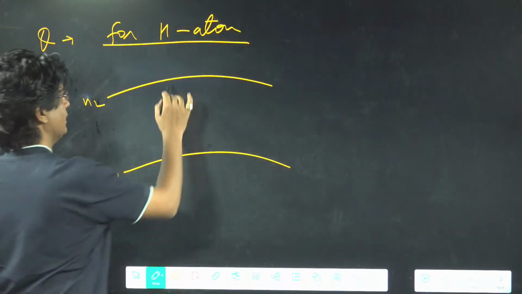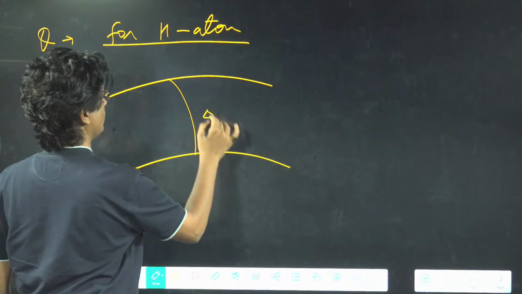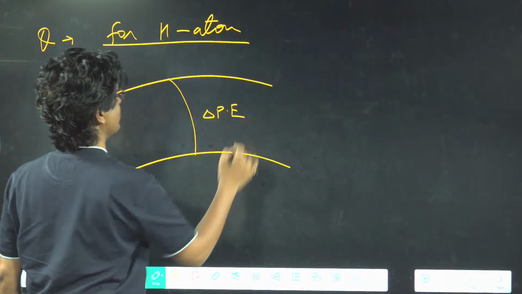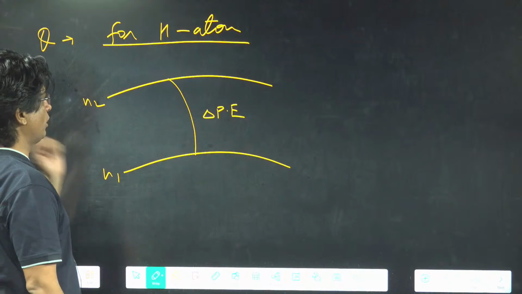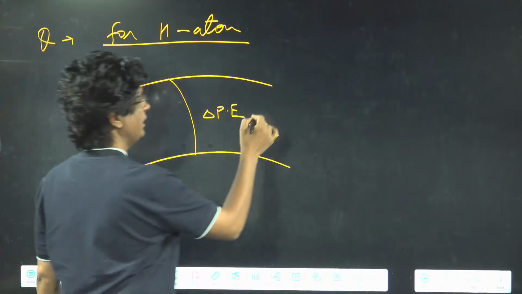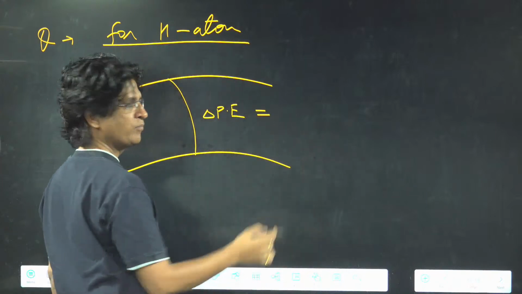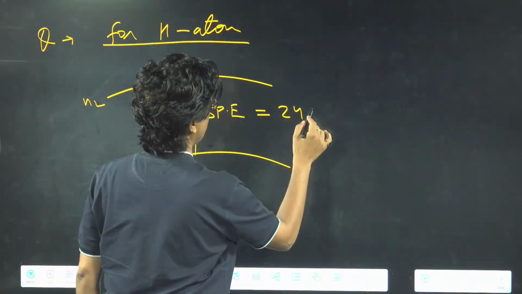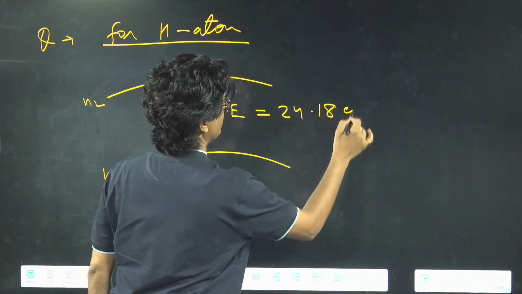They're saying the difference between the potential energy of orbit number N1 and orbit number N2, delta PE, is given as 24.18 electron volt.